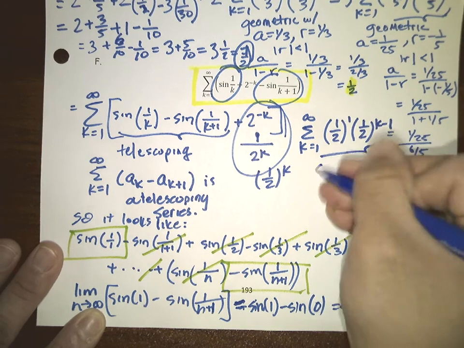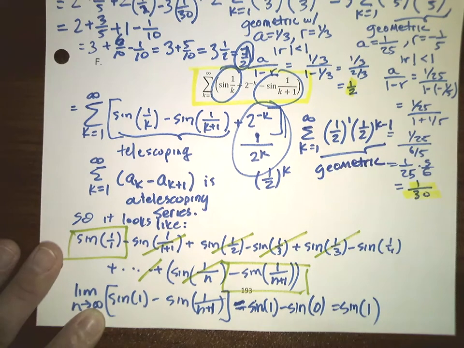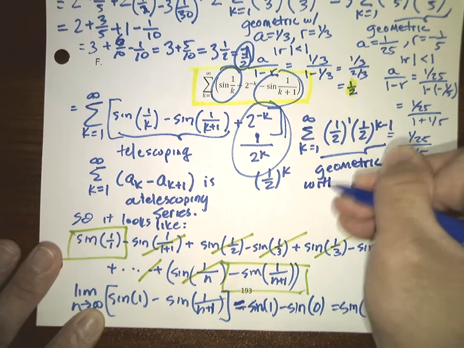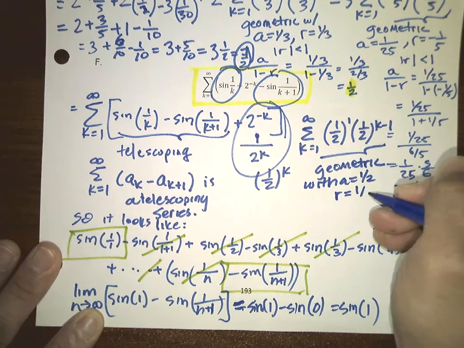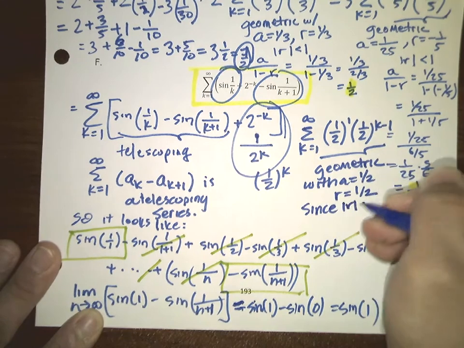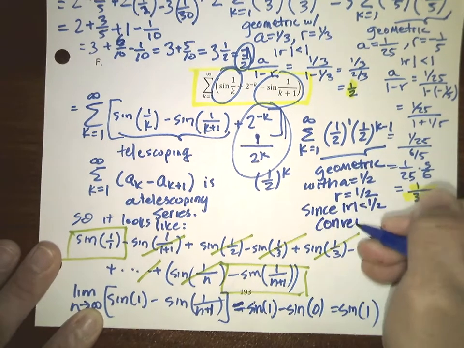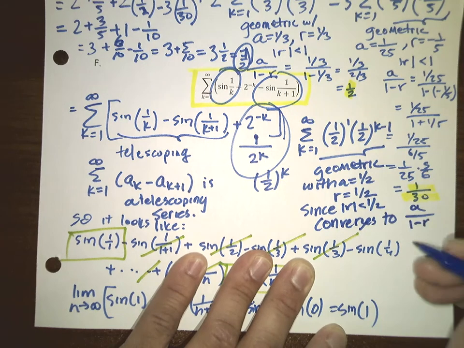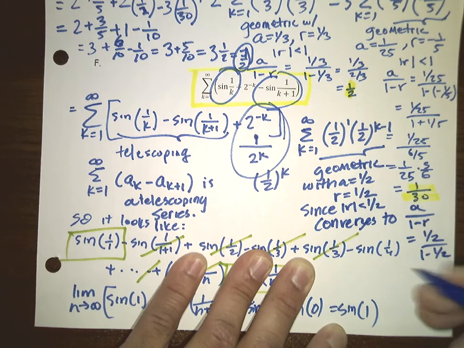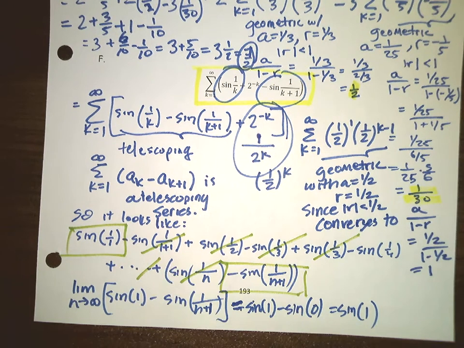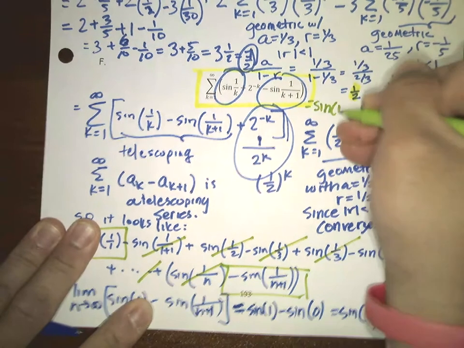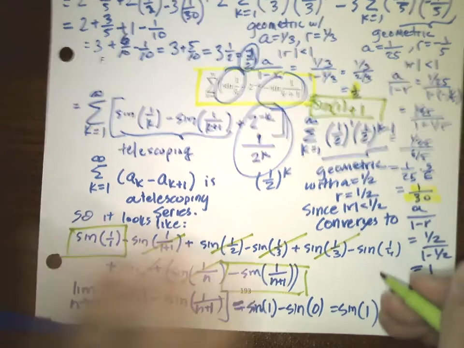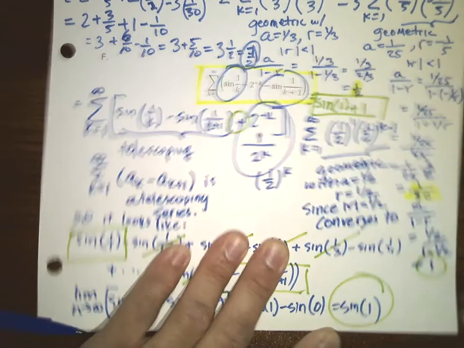So now this is geometric with a equal to a half and r equal to a half, and since the absolute value of r is less than 1, this converges to a over 1 minus r, so a half over 1 minus a half, which is 1. So the whole series ends up being sine of 1 plus 1. All right, sine of 1 plus 1.